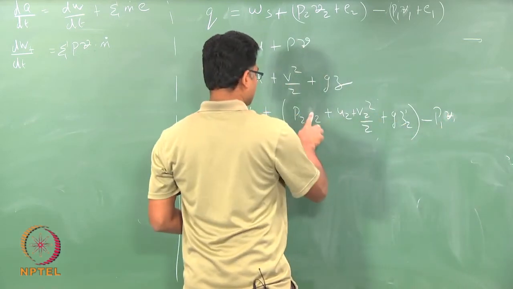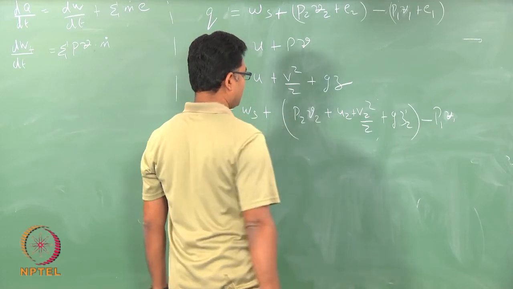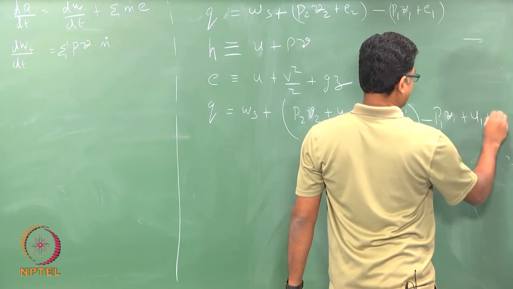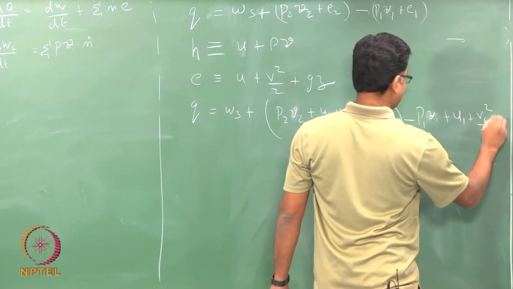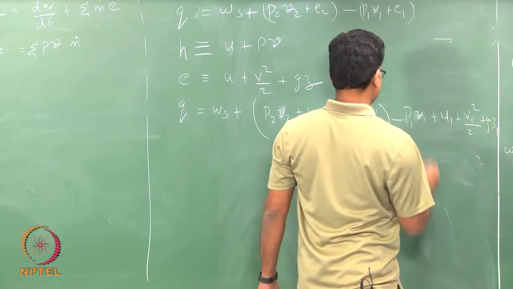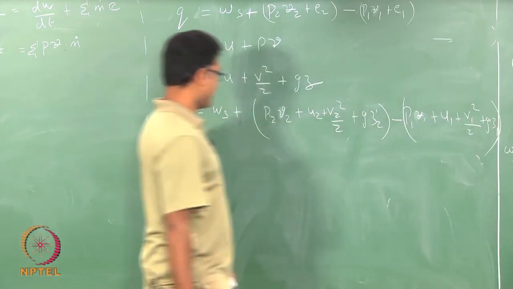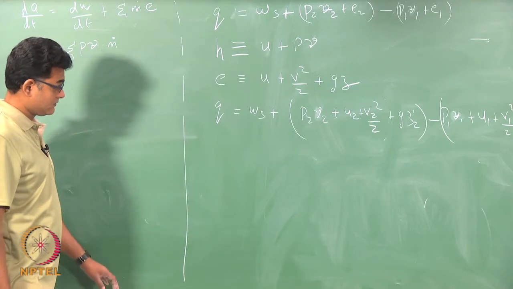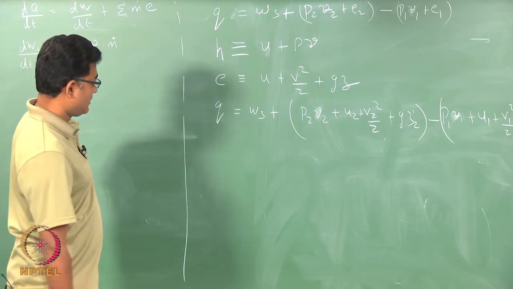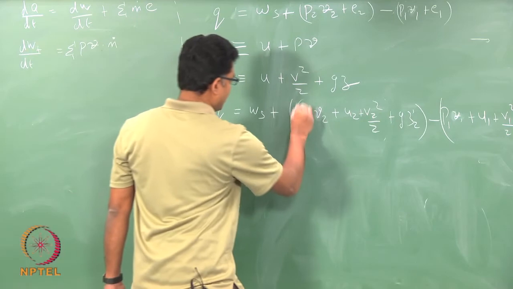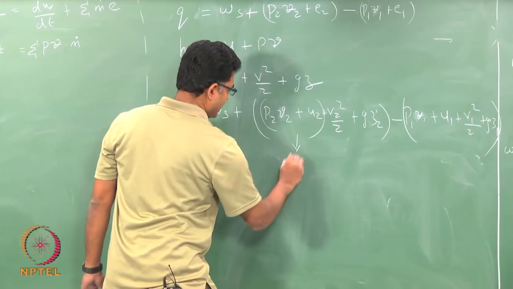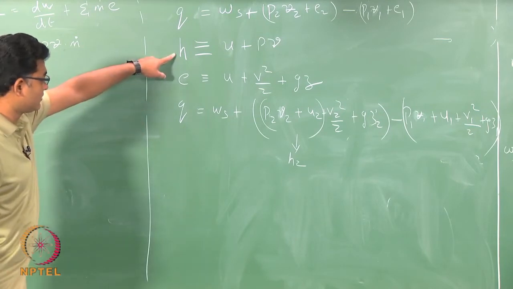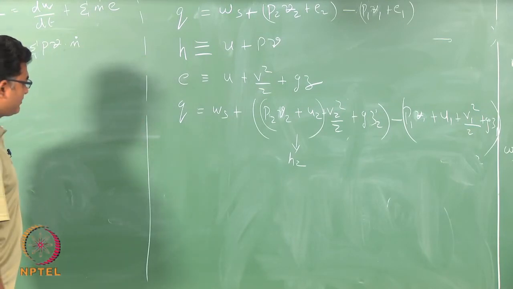So, this is small v1 plus internal energy U1 plus kinetic energy V1 square by 2 plus g Z1. Okay. And this quantity is my H2, from the definition of enthalpy.